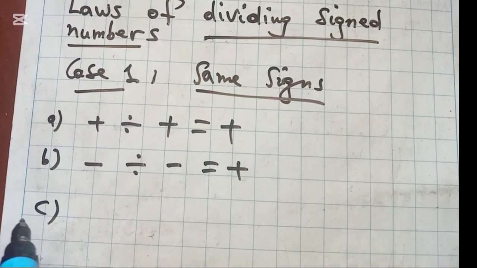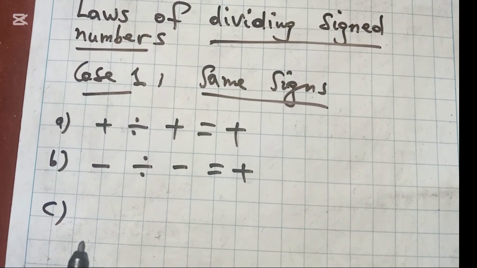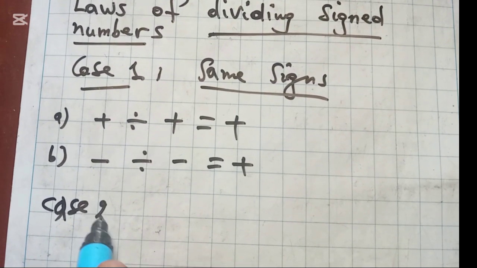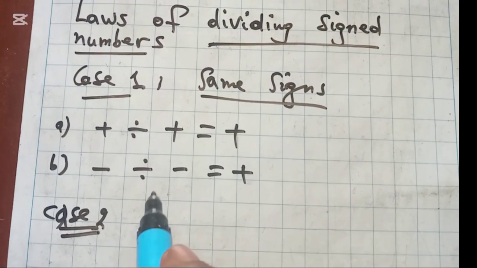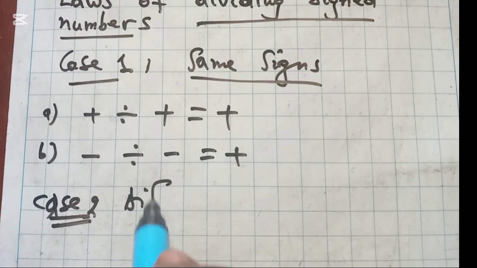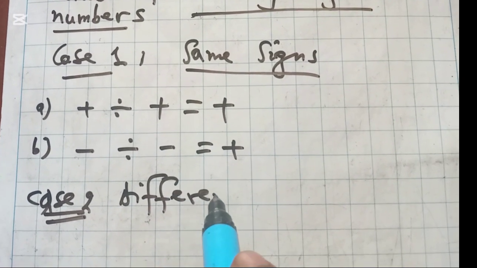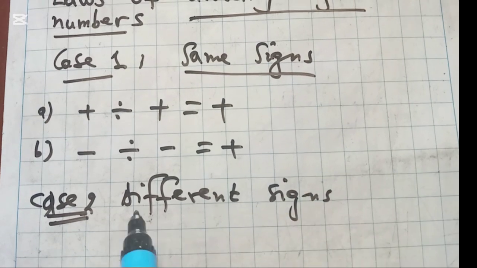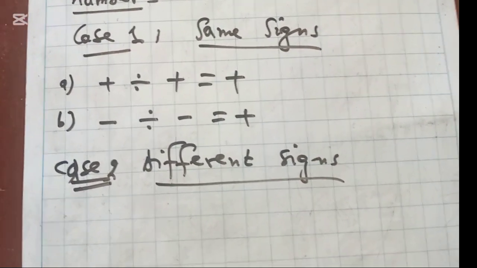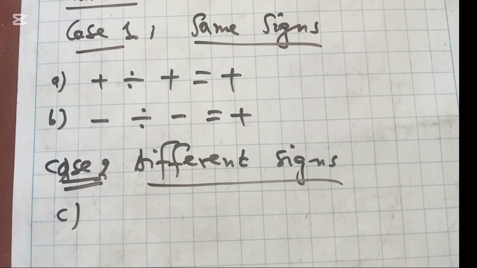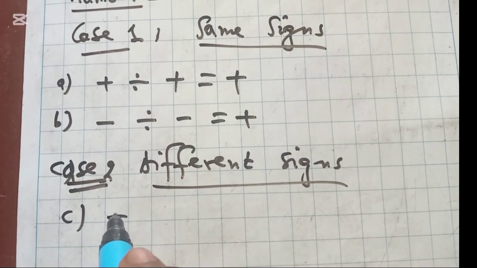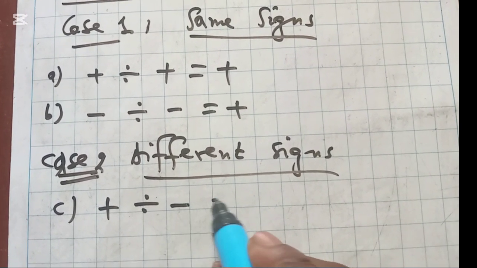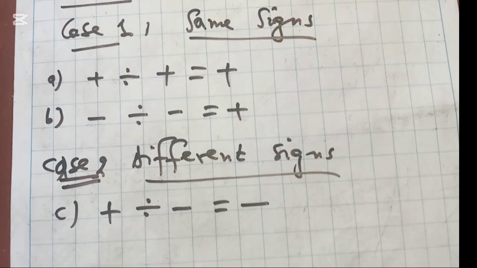Number C is for case 2. This is case 2, when you have different signs. So when you have positive dividing negative, this is giving us negative.